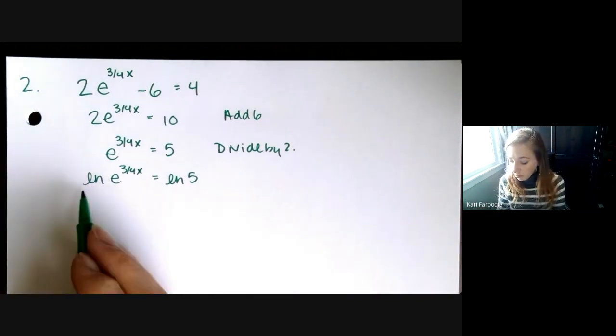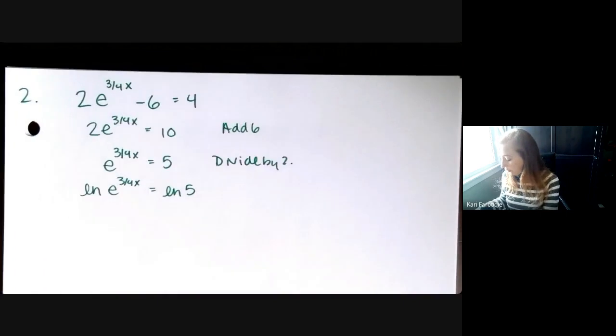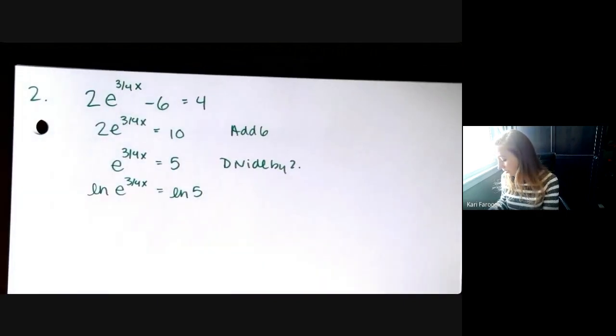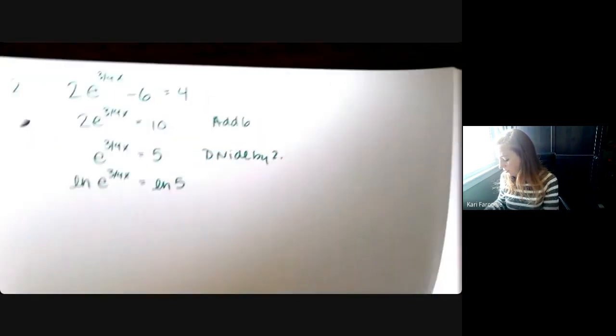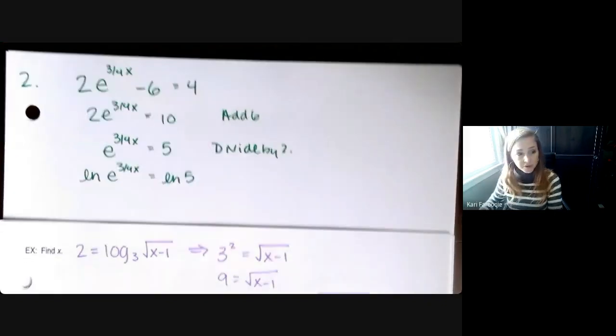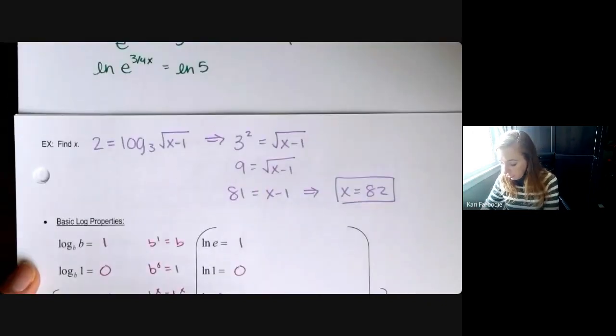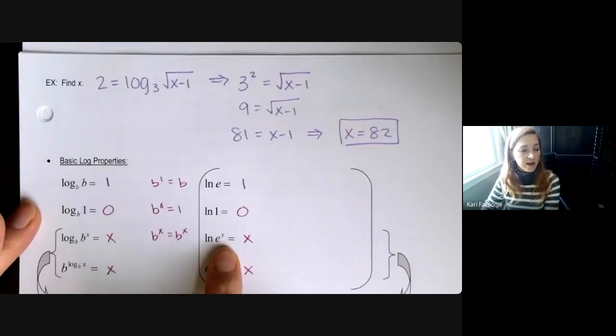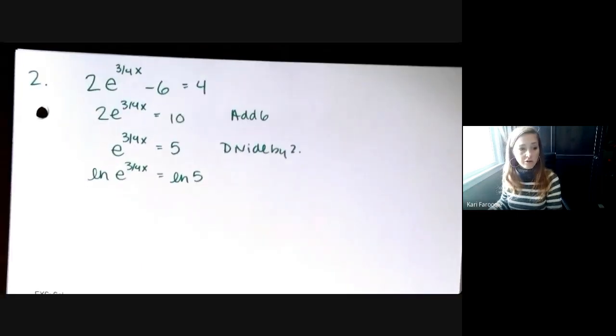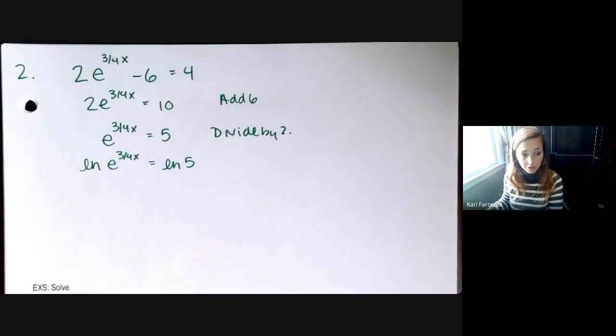And now we can use a property for logarithms. If you don't remember it, I'm going to remind you of what it was. It was the natural log of e to the x was x. Now, you don't have just x, you have 3/4 x, but we're going to use the property, the undoing or the inverse here to pull that 3/4 x out.